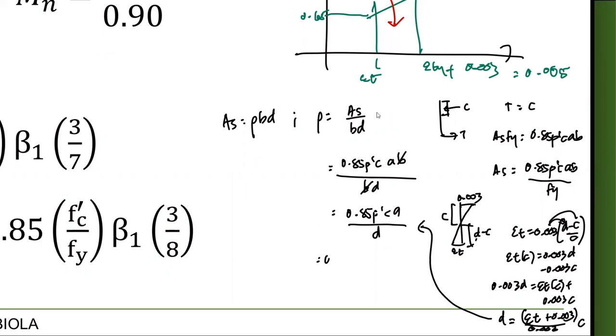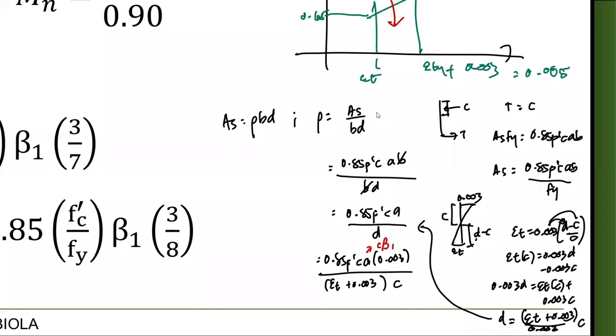So, that is 0.85 F prime C A. Tapos, that is 0.003 all over ET plus 0.003. Then, we have C. CA, alam natin CA, equal siya sa A beta 1. C beta 1 rather.